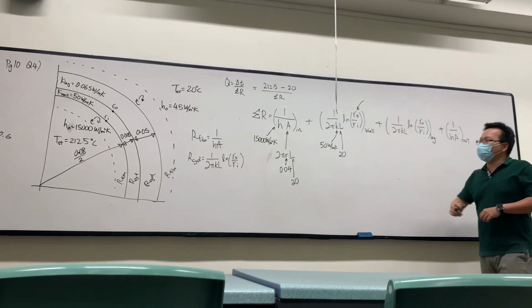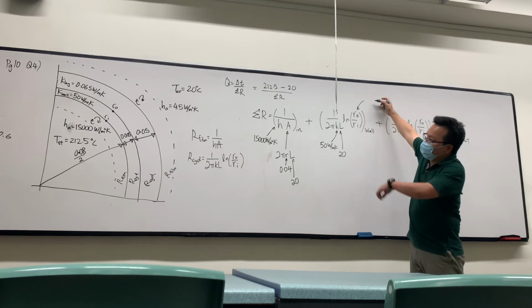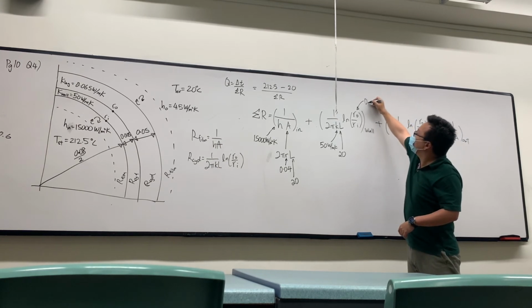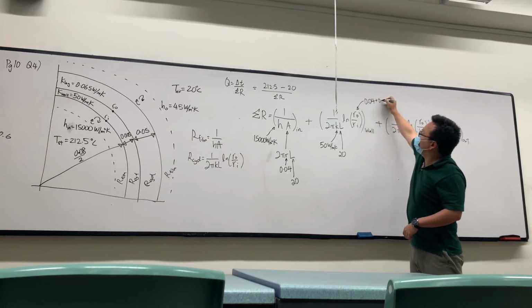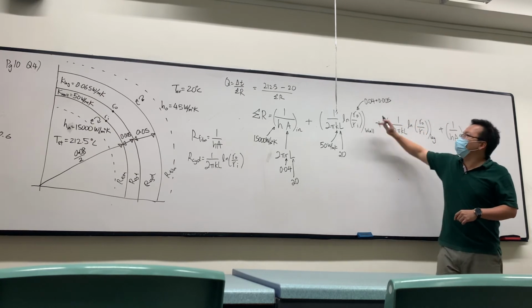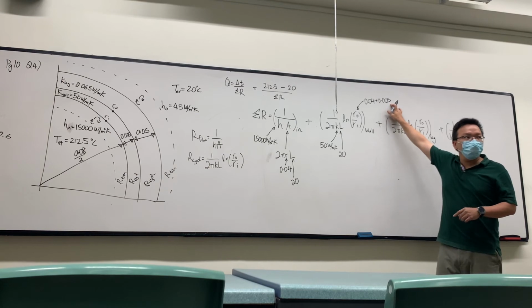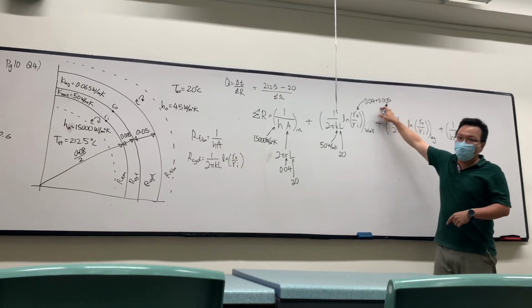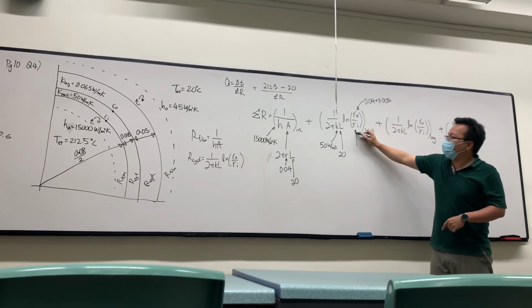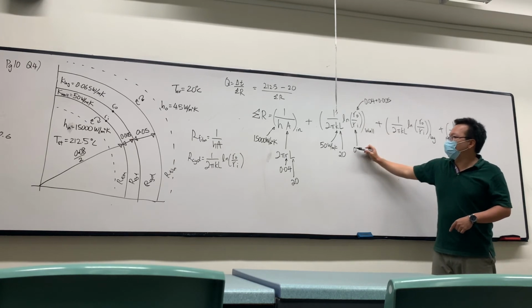Okay, so R_o, you already told me is what? 0.04 plus 0.005. Okay, so I wrote the working out for you already. Please, when you go back and look at it, understand where it comes from. And this one is 0.04.